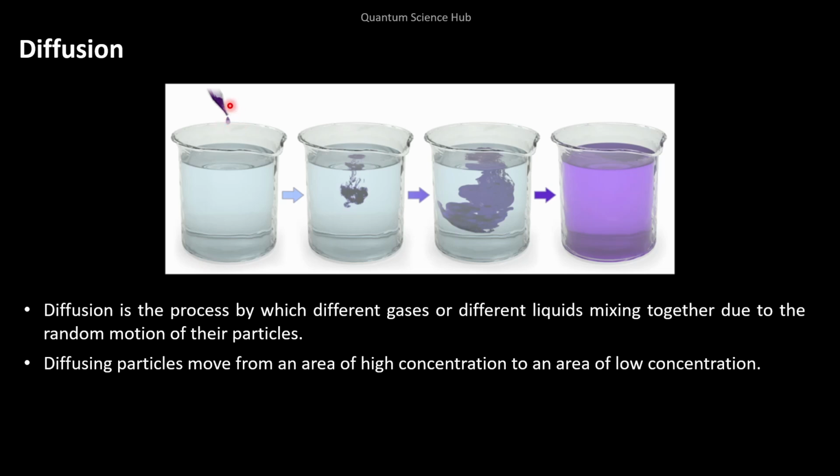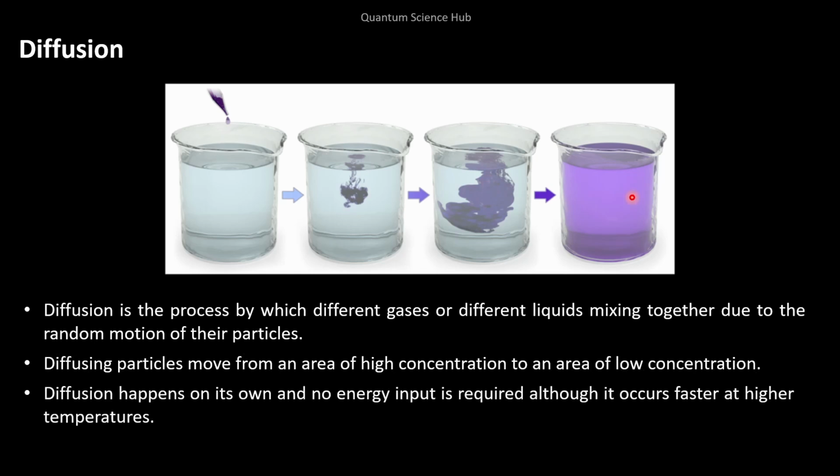Since it is very thick, it contains a high concentration of purple liquid. And when it drops into water, it will start to diffuse, spreading from an area of high concentration to an area of low concentration over time. At the end, the concentration of particles is even as they spread out to occupy all of the available space in the beaker.